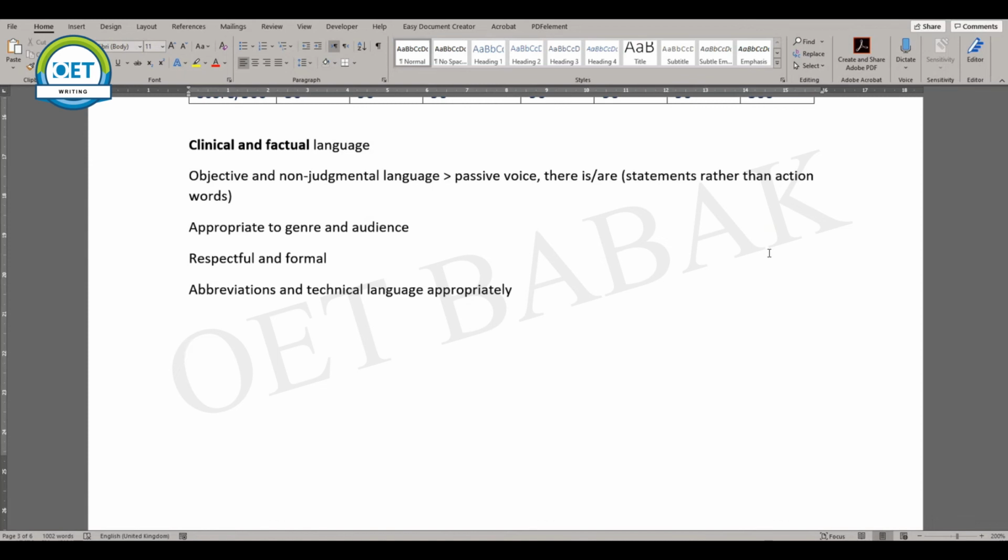When we want to refer to the patient, we say that she did this and she did that, or she doesn't smoke, or she doesn't have any history of smoking. For example, the patient improved significantly with physiotherapy, or there was significant improvement with physiotherapy.